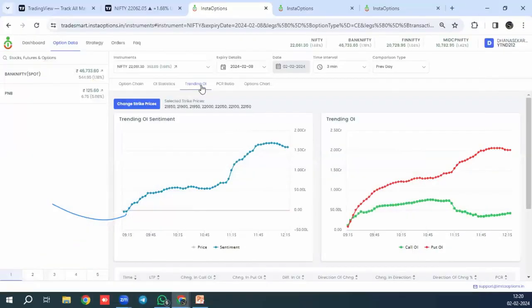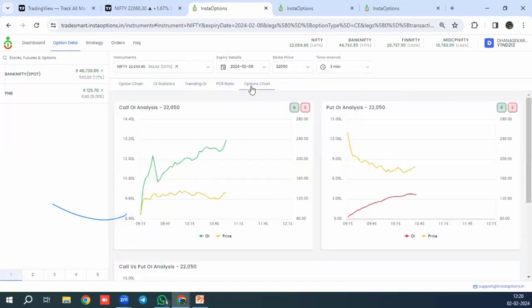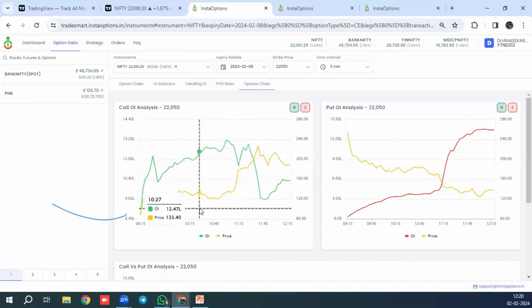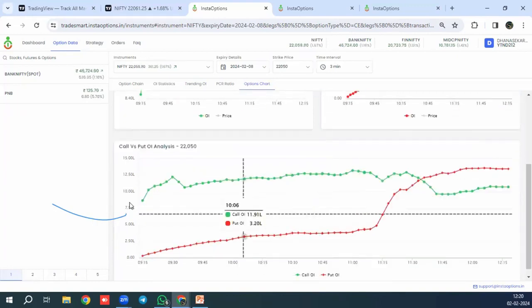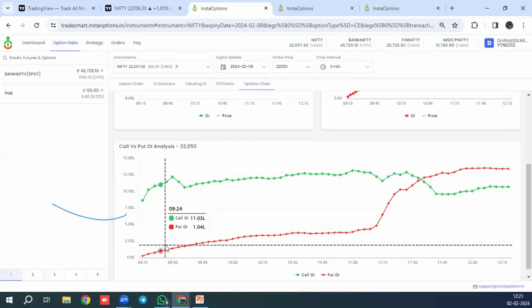Okay. So here we have trending OI, and also we have put call ratio. Then the other one is comparison of ATM OIs. Okay. So here what we can do, we have call and put OI at ATM strike. Okay.